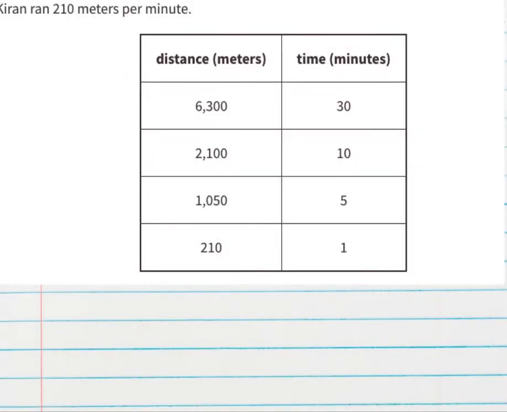Okay, let's keep going. So Kieran ran 210 meters per minute. We just whittled it down, broke it down. In 30 minutes, it was 6,300. Divide both by 3. So then I got 2,100 and 10. I broke both of those in half, and then I divided by 5.